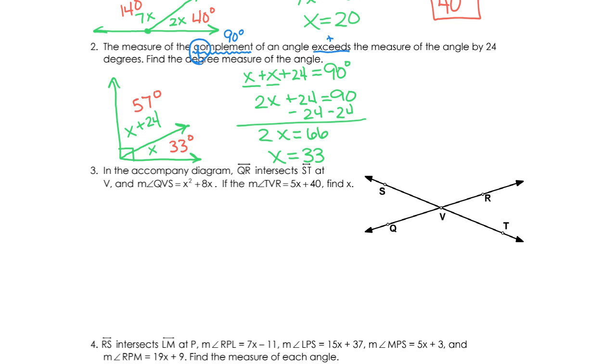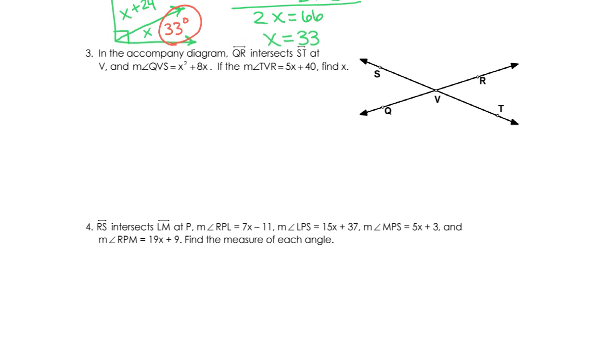Find the measure of the angle. So this is the angle they're talking about. This is the complement of the angle, where it is exceeding the measure of the 33-degree angle by 24 degrees. Okay. All right, next one.